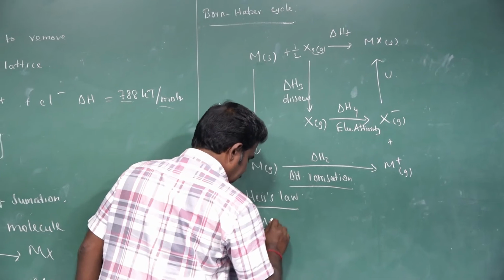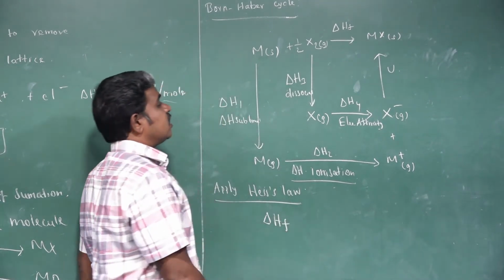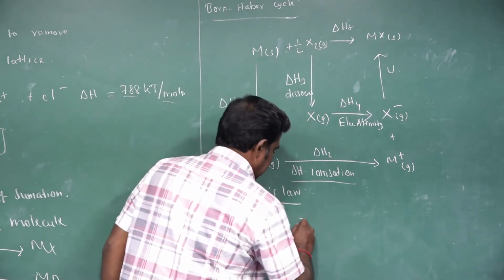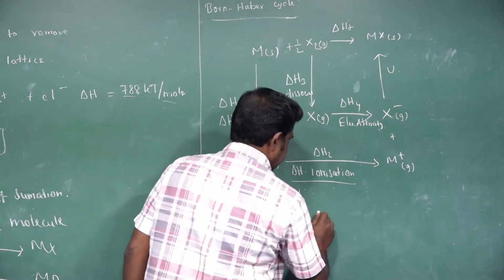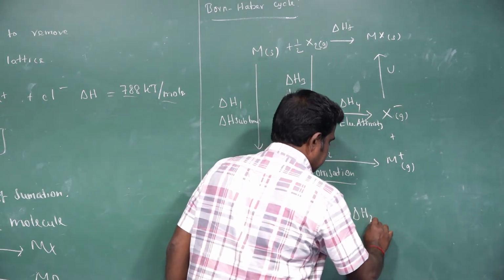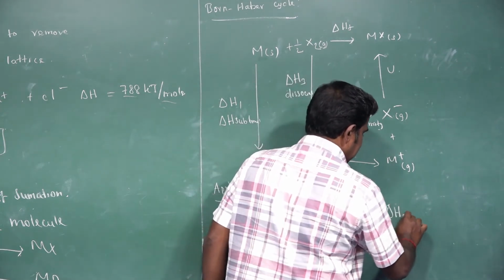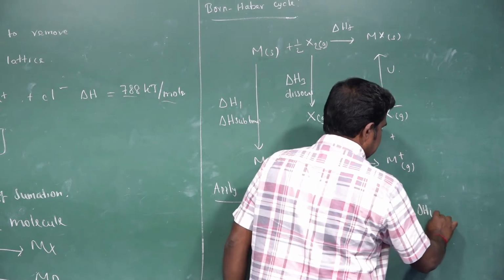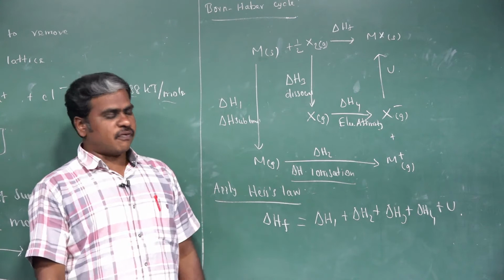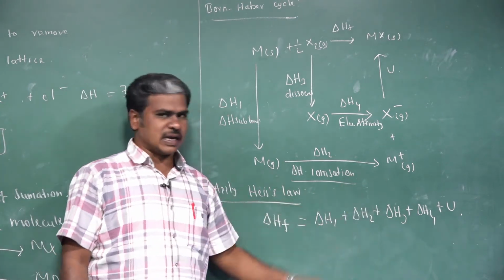What is it? Delta HF, the delta H formation of a metal halide solid, is equal to delta H1 plus delta H2 plus delta H3 plus delta H4 plus U. Then from that we may find the lattice energy value.